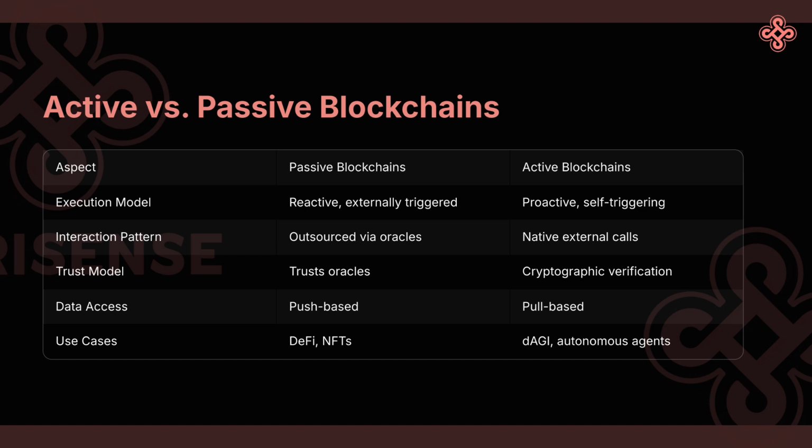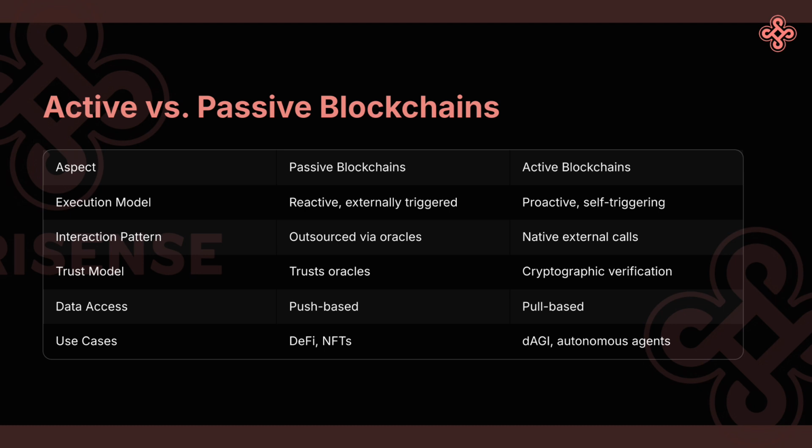Next is the interaction pattern. Passive blockchains rely on trusted external oracles for data feeds, effectively outsourcing interaction capabilities. Active blockchains, meanwhile, have built-in capabilities for proactive external calls, such as HTTP requests, making interaction a core function of the blockchain itself. Regarding the trust model, passive blockchains trust a deterministic state machine and have separate, often centralized, reliance on oracles.